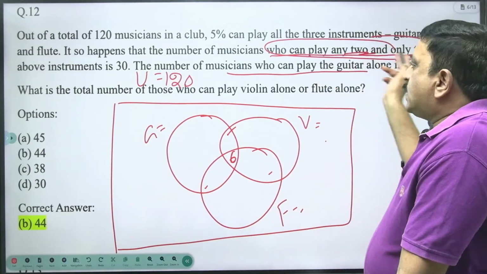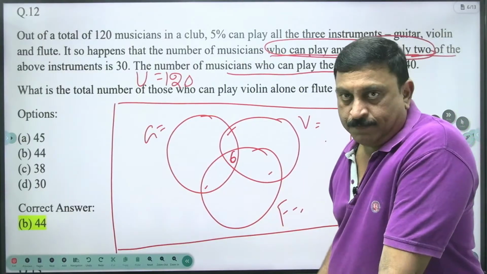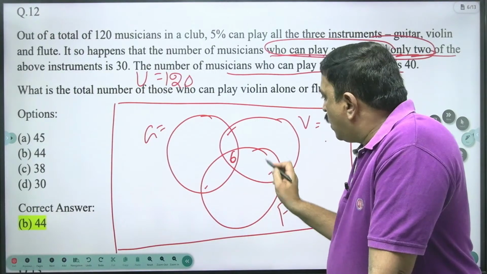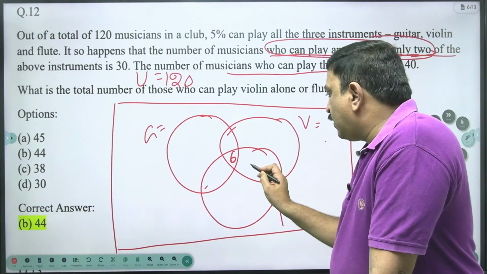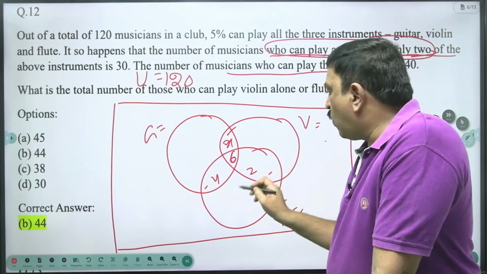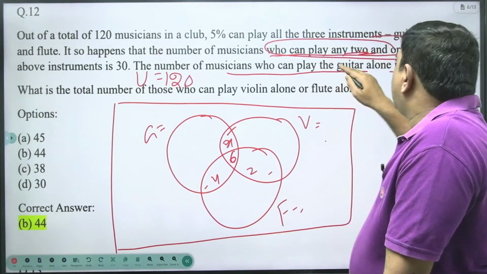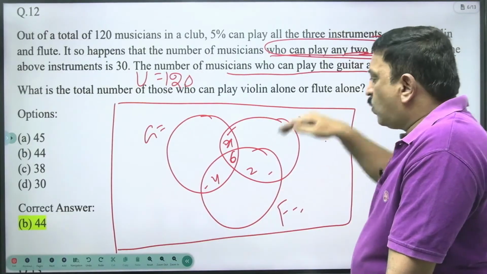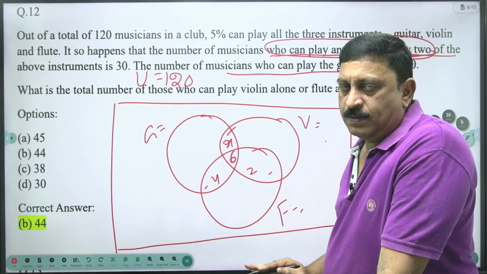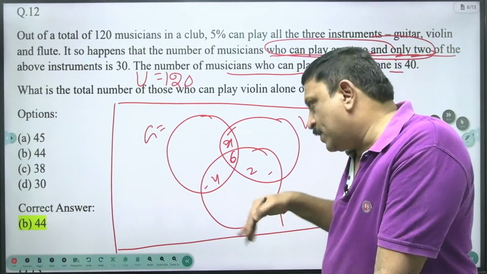They said this is nothing but 30. If this is X, Y and Z, this is 30 what they have said. They want to say that this and that both is 30, but actually the 6 is included in that. They thought it is excluded, but it is included.